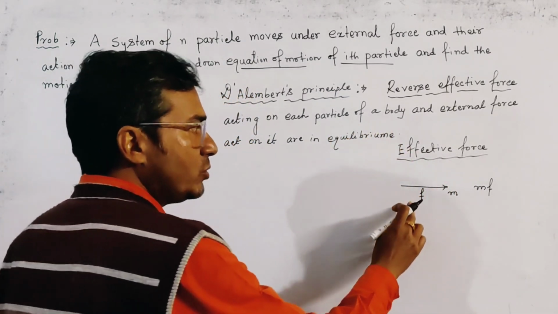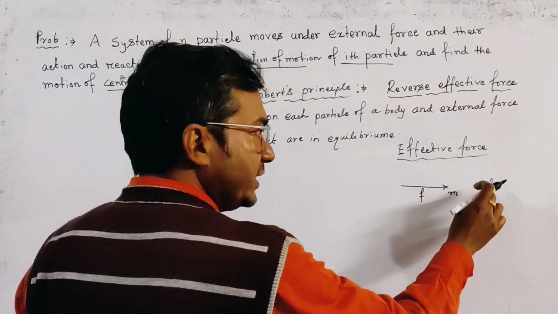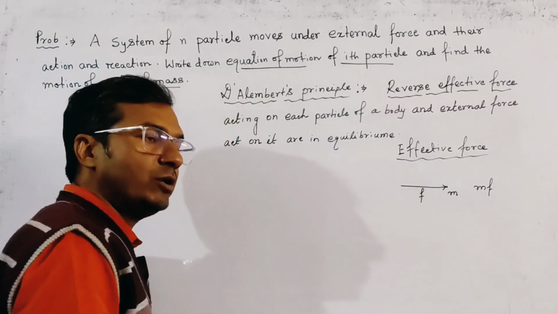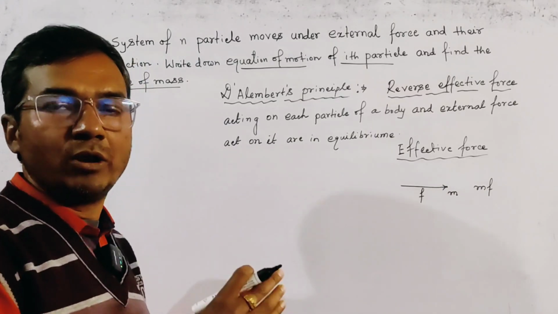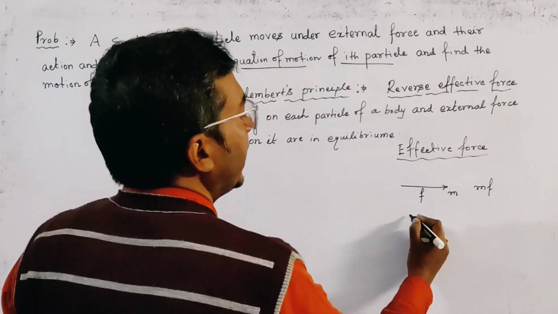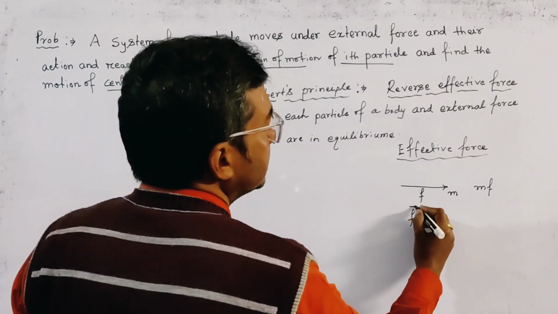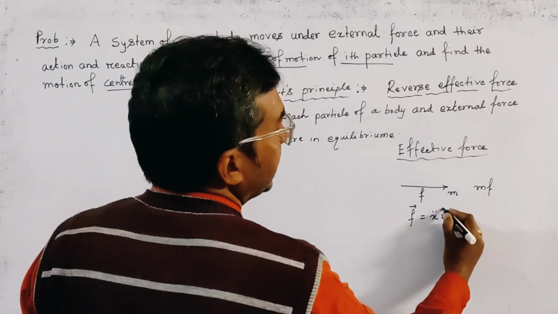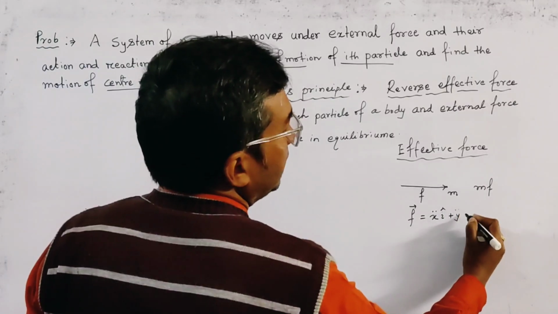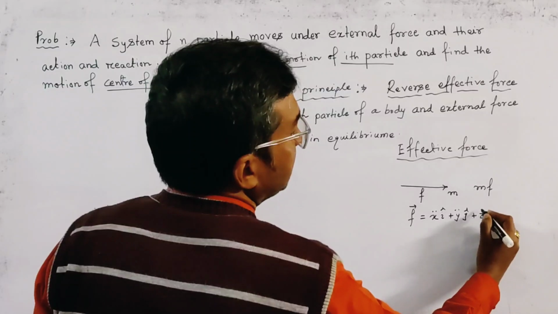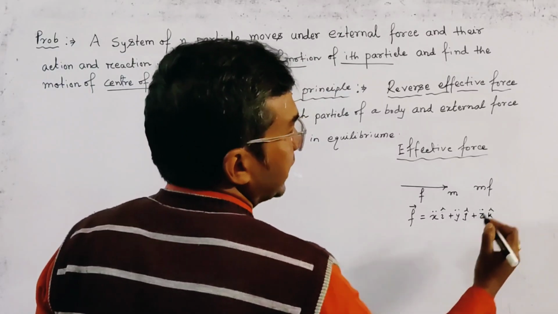Now if we divide the acceleration f into three parts, along the x-axis, y-axis and z-axis, then f, a vector, is x double dot i cap, y double dot j cap, z double dot k cap.